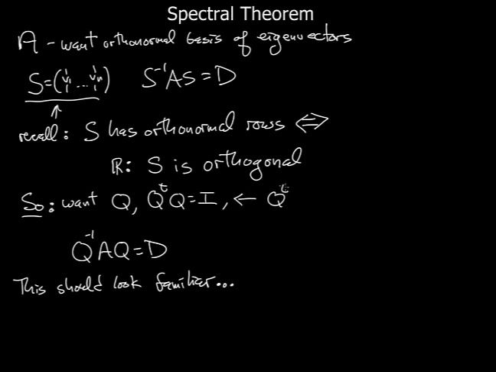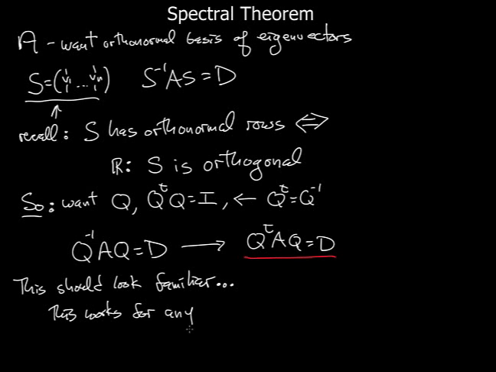Well, here it is. This condition says Q transpose is equal to Q inverse. So I can write this equation as Q transpose AQ is equal to D. And we've seen that this holds for symmetric matrices.